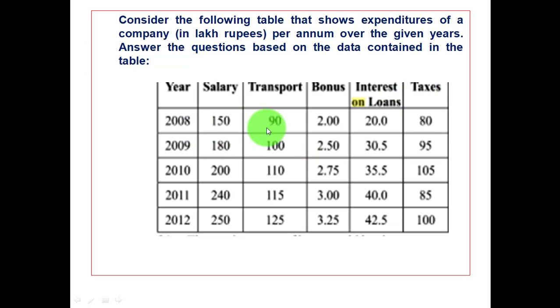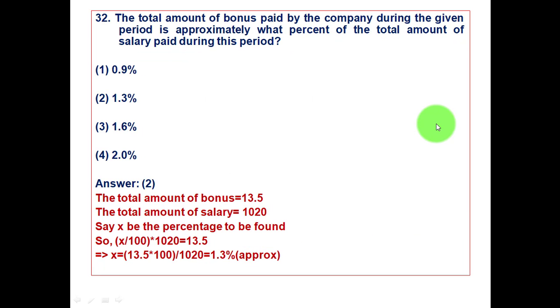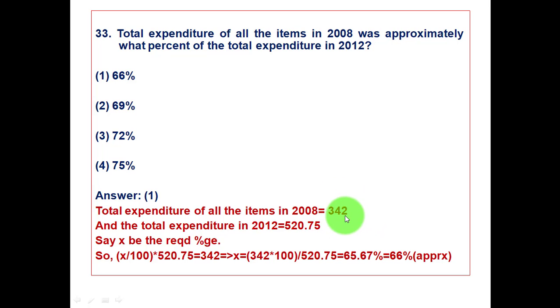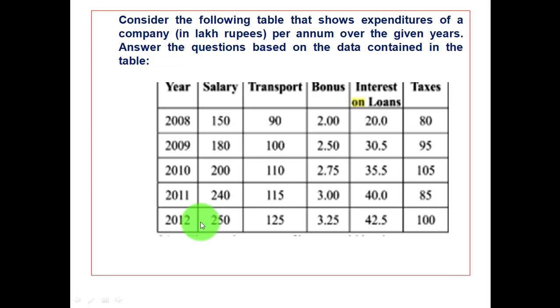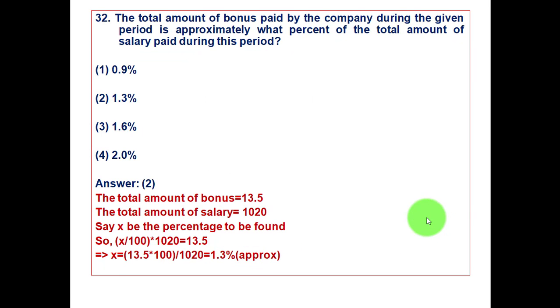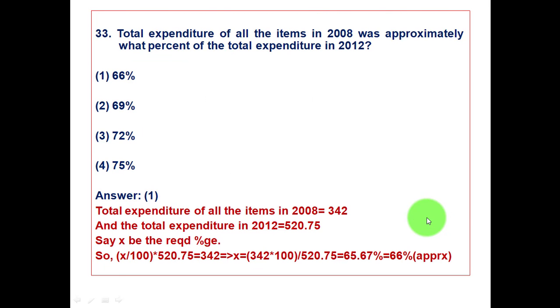That is 150 plus 90 plus 2.00 plus 20.0 plus 80, and that will be equal to 342. Similarly, for 2012, you need to consider this column, 250 plus 125 plus 3.25 plus 42.5 plus 100, and that will be equal to how much?